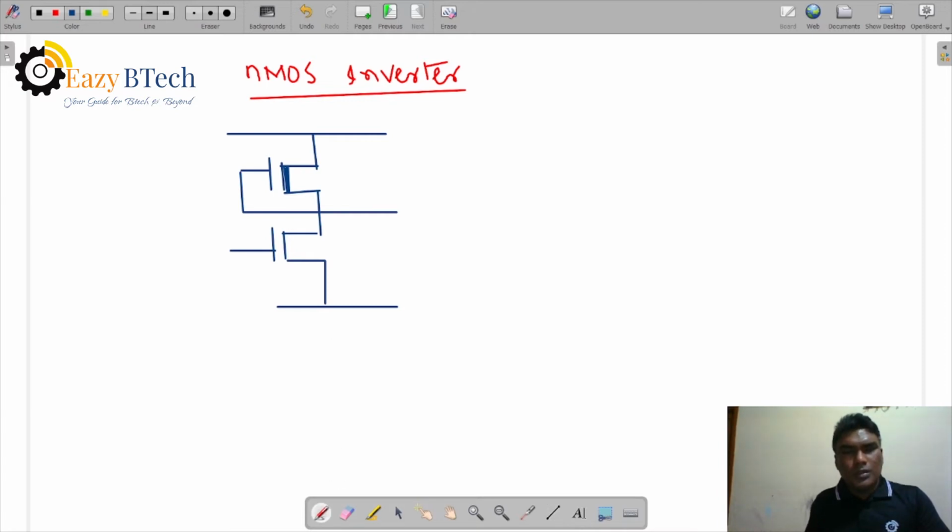Now see the supply voltages VDD and VSS, and here we apply the input voltage, and the output voltage is taken between the drain terminal of the NMOS enhancement mode transistor and the source terminal of the depletion mode transistor.